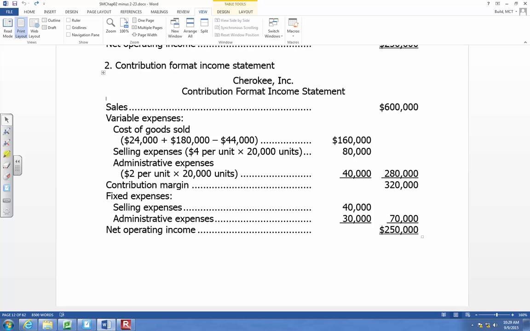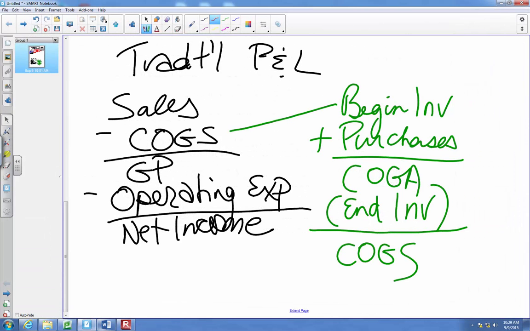So just to give you a little heads up, our cost of goods sold is going to be a little bit different. Instead of being beginning inventory plus purchases, we're a manufacturer now. So what's it going to be?